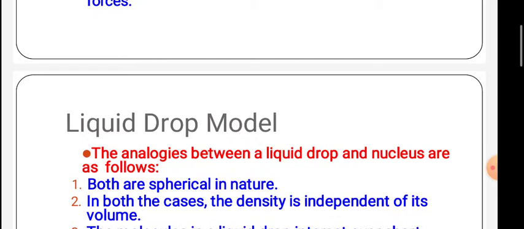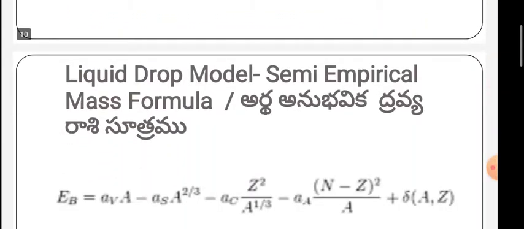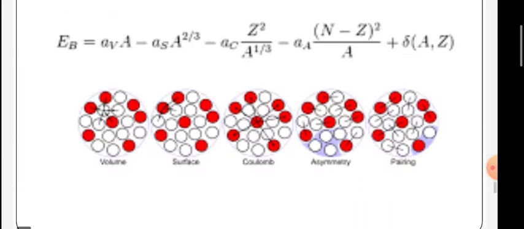The concept is also used to find the mass of the nucleus, and the formula given in this model is called the semi-empirical formula. This semi-empirical formula says that the binding energy is a sum of volume energy, surface energy, Coulomb energy, asymmetric energy, and pairing energy.